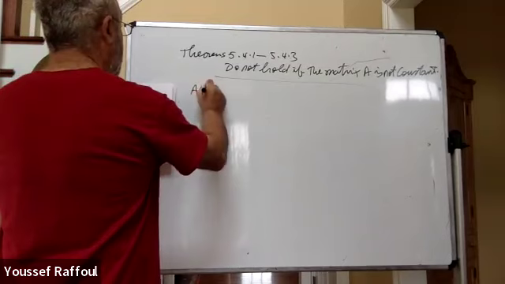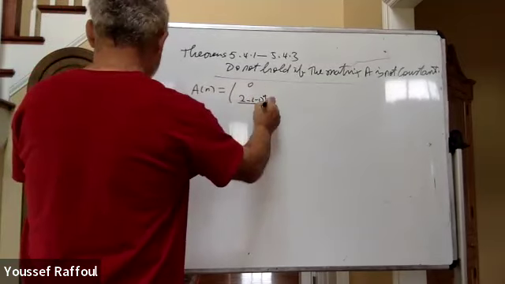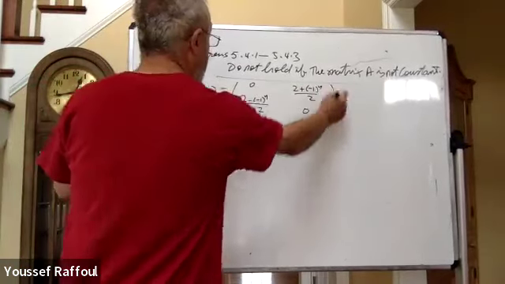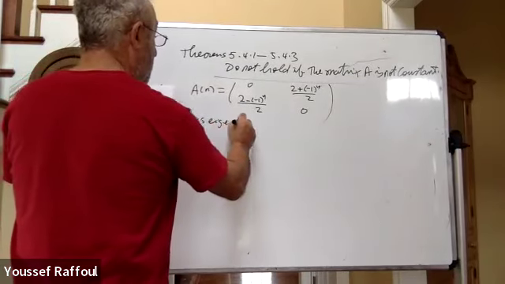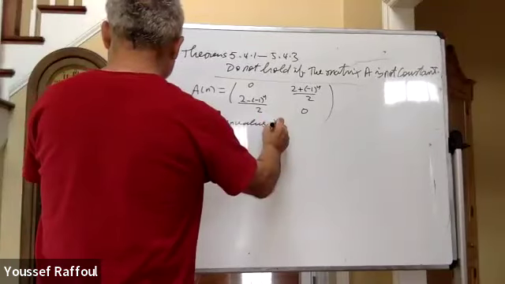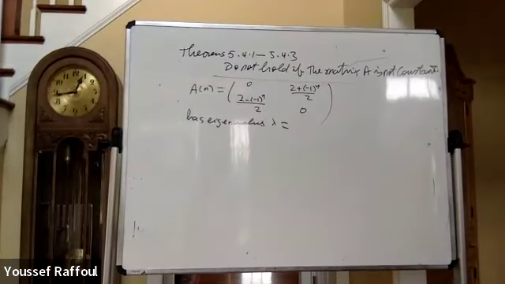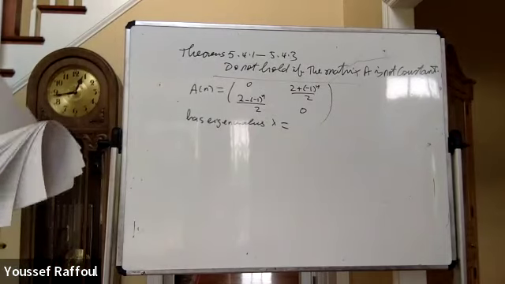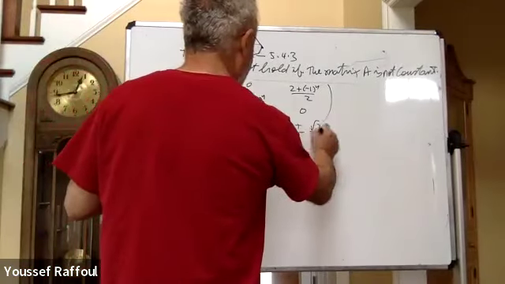If I take A_n equals the matrix with rows 0, (2 minus (-1)^n)/2 and (2 plus (-1)^n)/2, 0, then this has eigenvalues lambda equal to plus or minus the square root of 3 divided by 2.